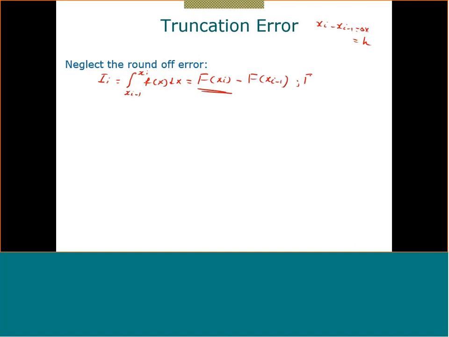It's nothing but the derivative of the capital F of x_i is equal to f of x_i. How is this possible? If I take the integration of both sides, and if I take an integration of a derivative, they will cancel, so I will get this.